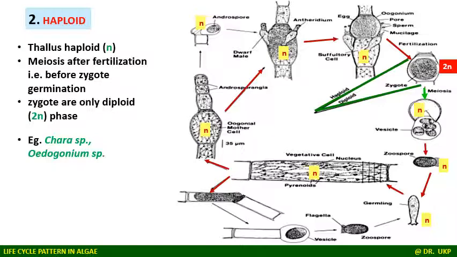So what is the difference between the diploid life cycle and the haploid life cycle? In the diploid life cycle, meiosis occurs before the formation of gametes, and in haploid, meiosis occurs before zygote germination. That is the difference. The place of meiosis is also different.